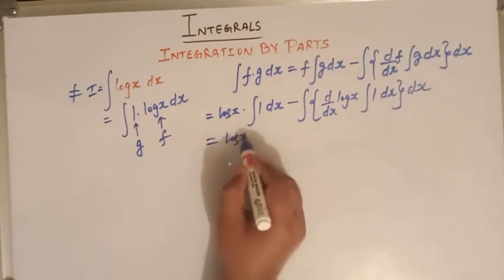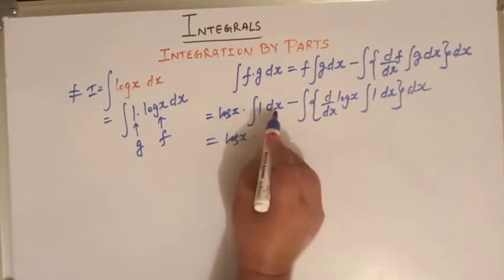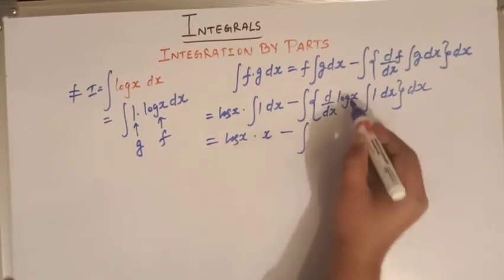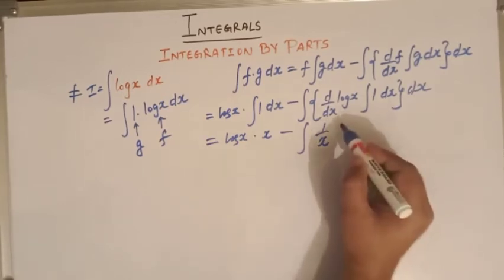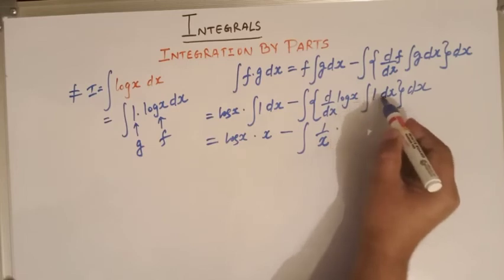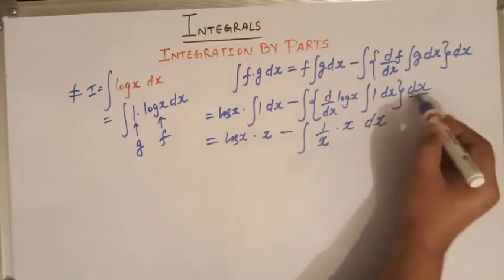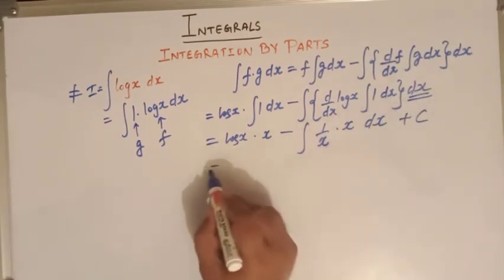So this is log x times the integral of 1 dx, which is x, minus the integral of the derivative of log x, which is 1 over x, times the integral of 1, which is x, dx, and the constant of integration c.